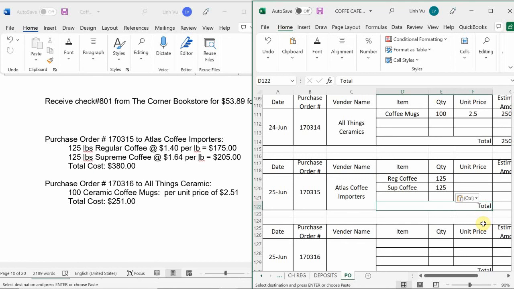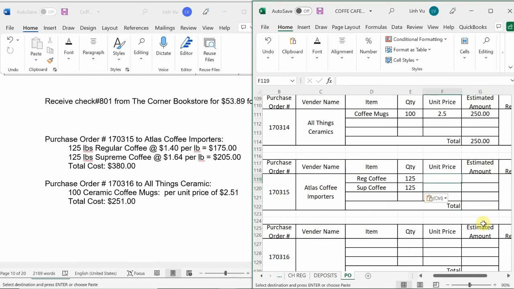But this time, the cost per item for the regular coffee is $1.40, and the supreme coffee is $1.64. Giving me a grand total of $380.